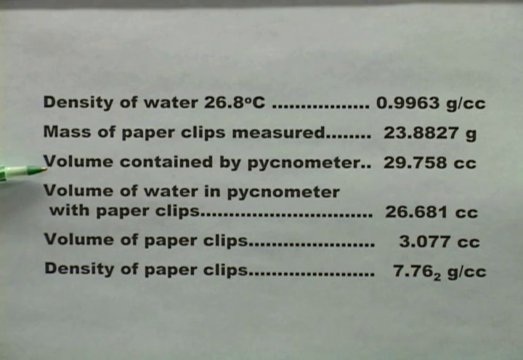The masses were then converted to the volumes of water by using the density of water, and the difference between these 2 volumes gave you the volumes of the solid in the pycnometer, namely the paper clips. The bottom line then is that the results here support the conclusion that paper clips are made of galvanized steel.